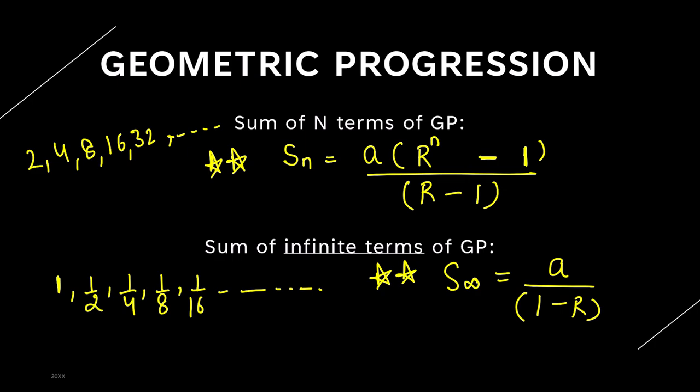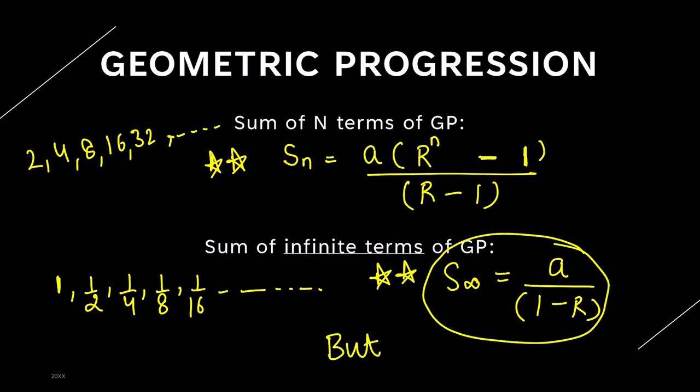But, very important, this formula can only be used if the common ratio is between 0 and 1, right? Or in other words, simply we can say it is less than 1, right? Why? I will show you.